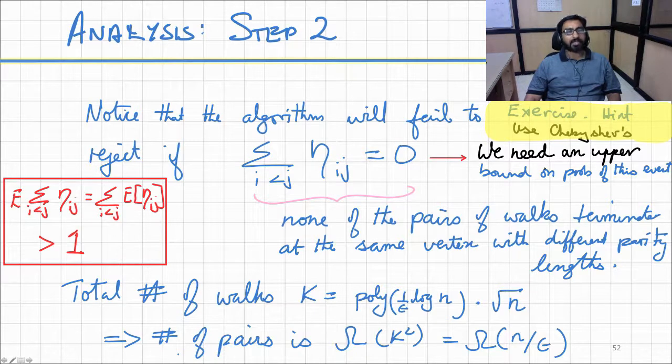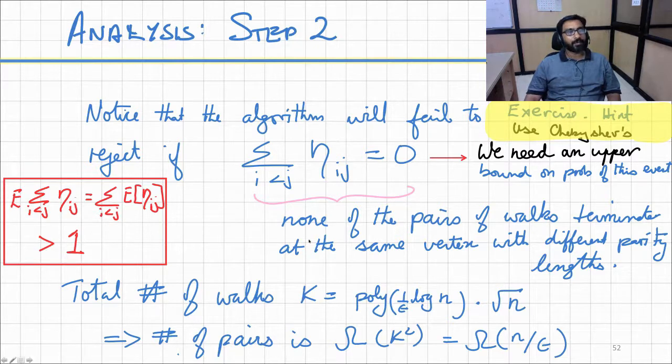So the part that's left as an exercise now is to show, using Chebyshev's inequality, that the probability of the complementary event is actually small. Which implies that the probability of the summation of eta ij's exceeding 1 is sufficiently large. And remember that if that happens, the algorithm will in fact reject the graph.